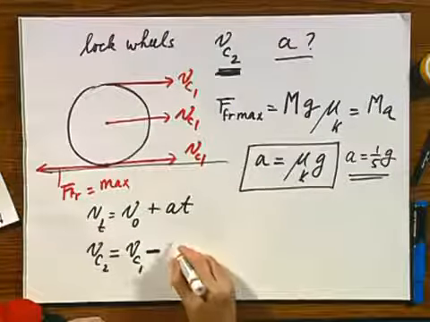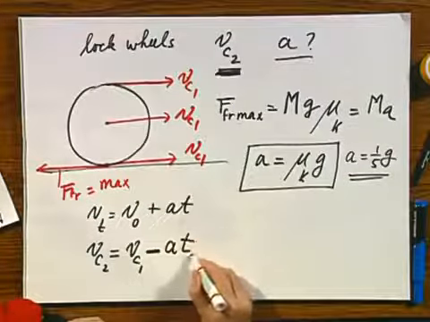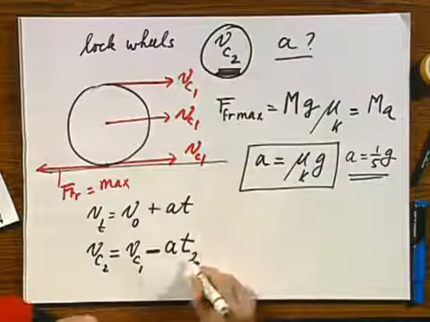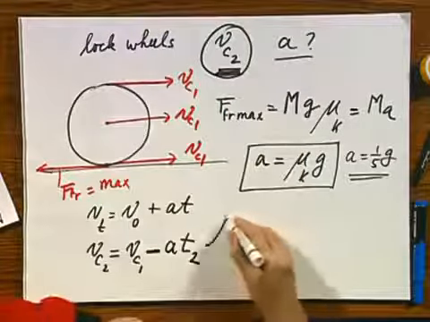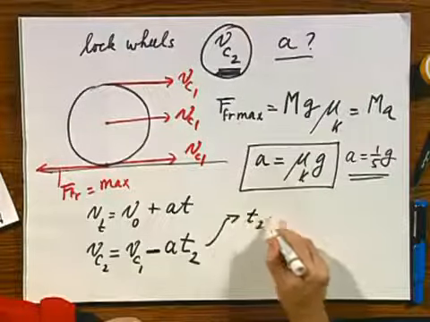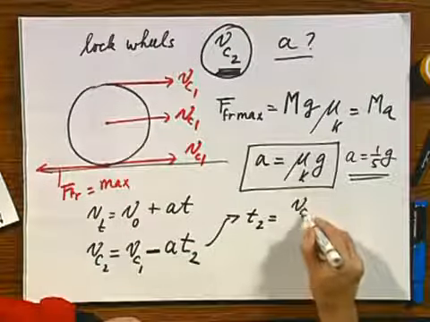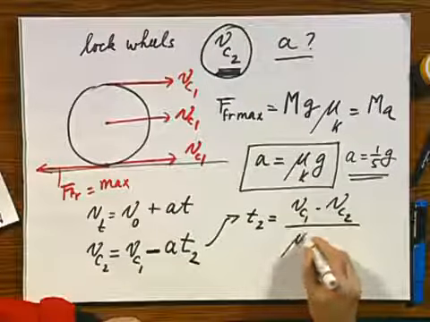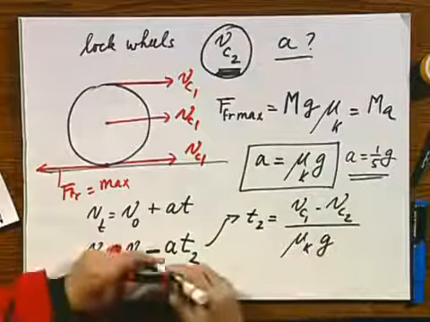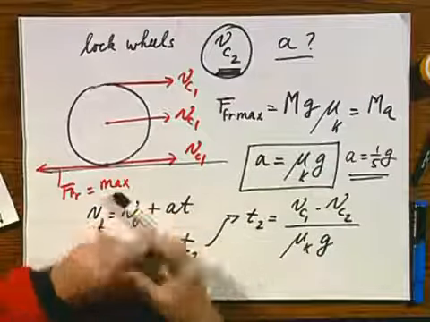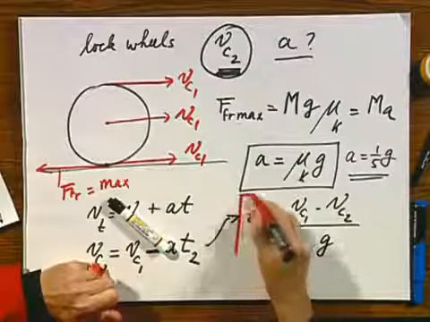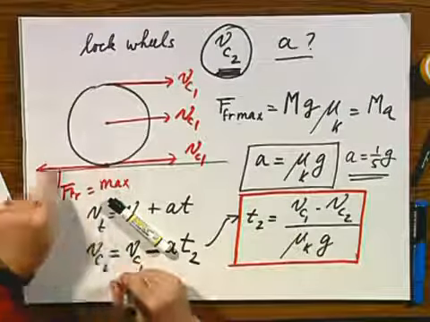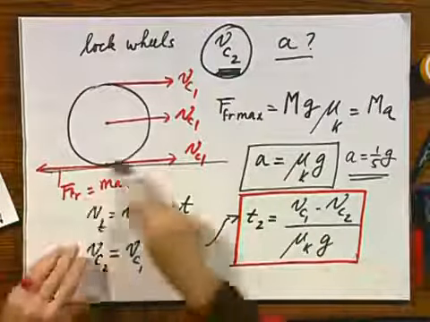So we get minus a, and let's call the time that this velocity has been reached t2. And so you will find immediately that the time it takes equals Vc1 minus Vc2 divided by mu k times g. So this is how long it takes for this car under the influence of this squeaking friction to slow down to this velocity.